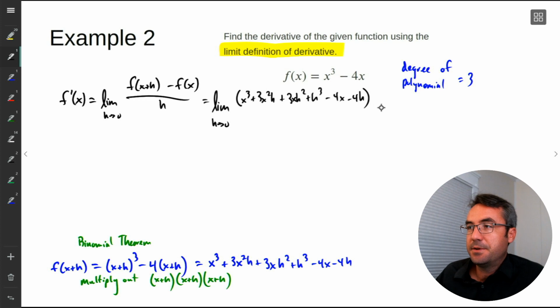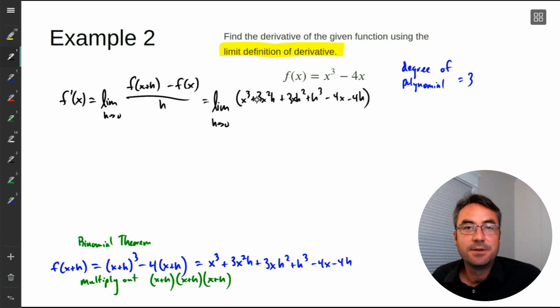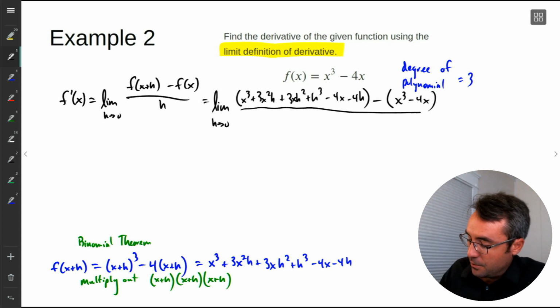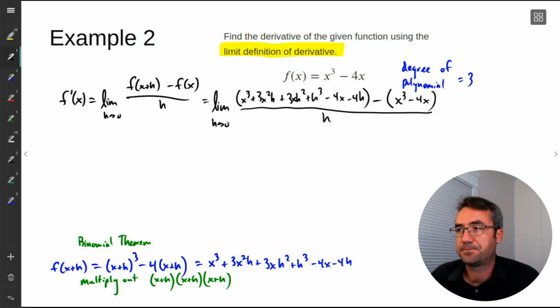Put a nice sizable set of parentheses around it. And then we're subtracting our original function, f of x. So we're going to subtract off x cubed minus 4x. And then this is all over h.